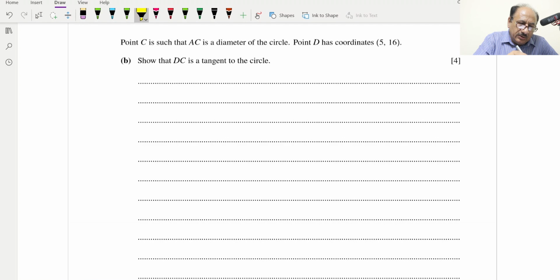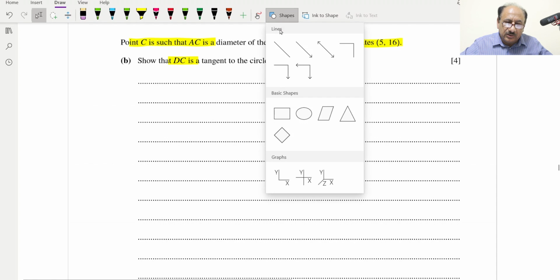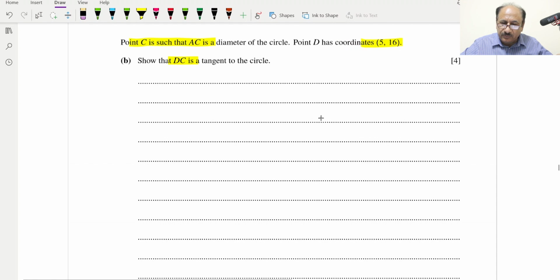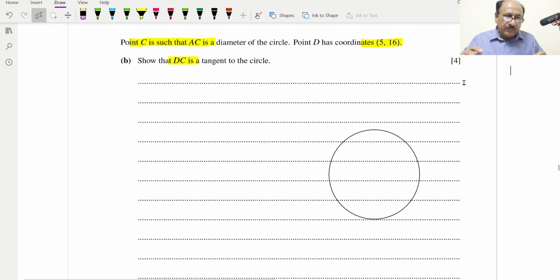Now part B is this one, and it also requires a little attention. Point C is such that AC is a diameter of the circle. Point D has these coordinates. Show that DC is a tangent to the circle. So we can again draw a circle for explanation. I will erase this and draw a circle.